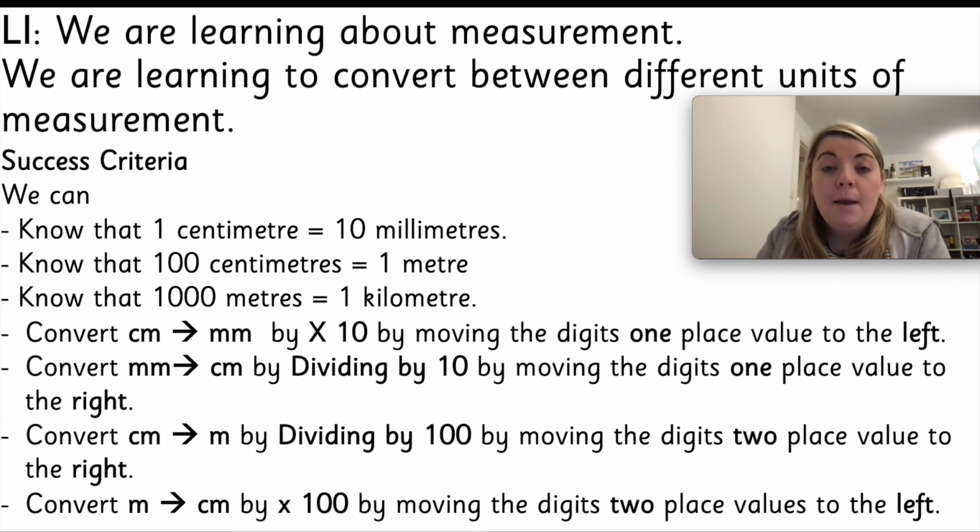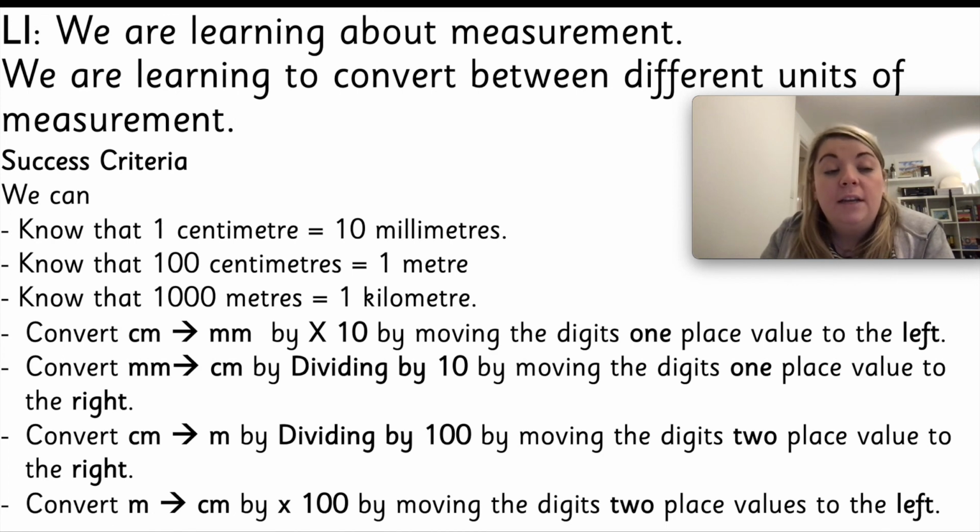So we're learning about measurement. We're learning to convert between different units of measurement. We know that 1 centimetre equals 10 millimetres, that 100 centimetres equals 1 metre, and 1,000 metres equals 1 kilometre. If you're converting from centimetres to millimetres, you multiply by 10 by moving the digits 1 place value to the left.